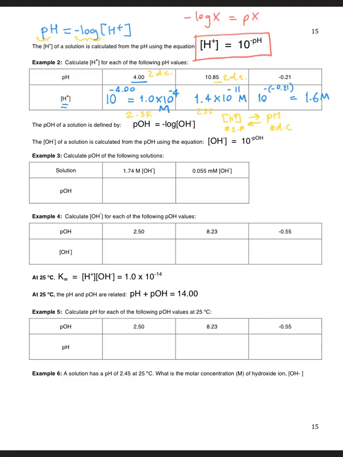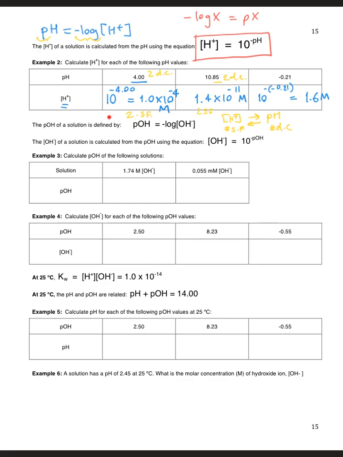As I mentioned earlier, you can see that a higher concentration will associate with a lower value of the pH, and to have a negative value of the pH is okay. And as you see here, because the pH of the solution equals 4, this indicates that the solution is an acidic solution.